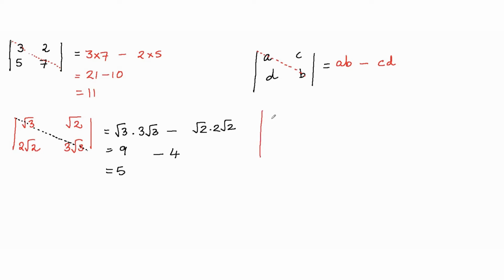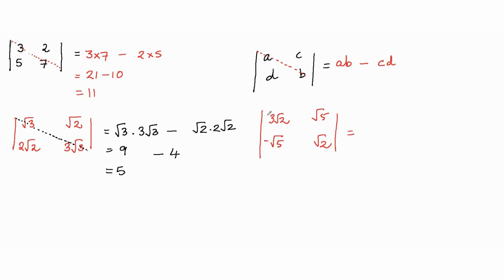Similarly, let's assume that the determinant is 3 root 2, root 5 and minus root 5, root 2. Now let's be very careful. I will first multiply the elements along the diagonal.